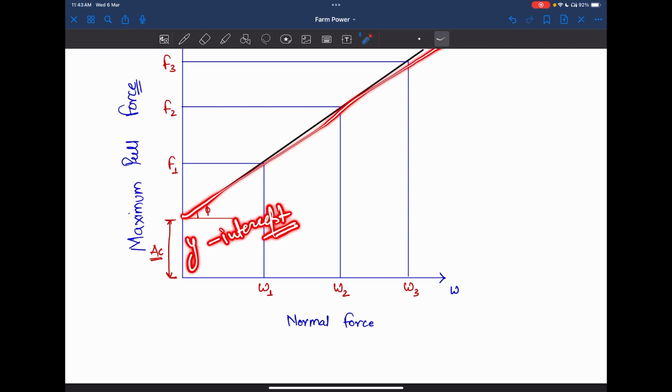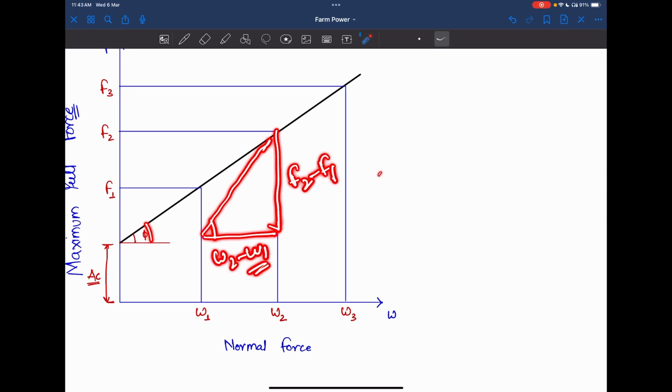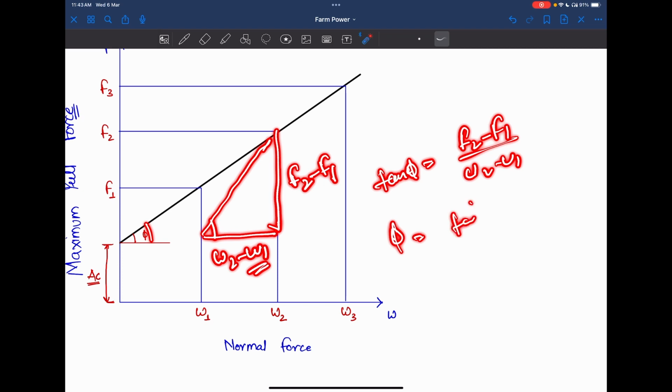After plotting this graph, we find theta. This one will be F2 minus F1, this one will be W2 minus W1, and tan phi is equal to F2 minus F1 upon W2 minus W1. Theta equals tan inverse of F2 minus F1 upon W2 minus W1.